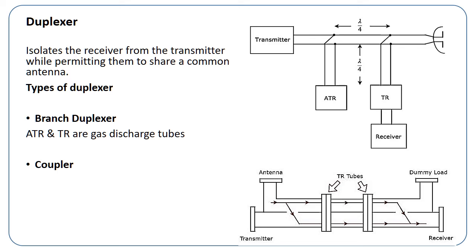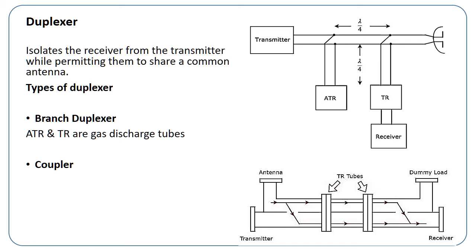The disadvantage is that it has limited power handling capability due to gas tubes. Second type of duplexer is a coupler. In microwave engineering, we have studied different types of waveguide coupler. So couplers, if one of the ports is loaded with a matched load, you can use it as a duplexer.